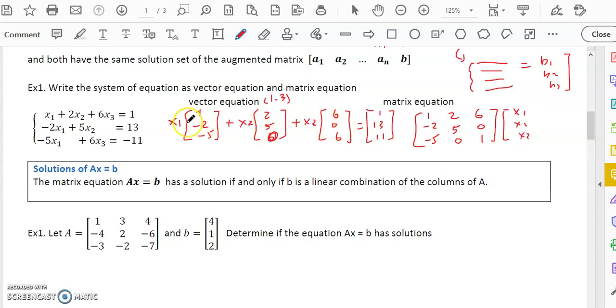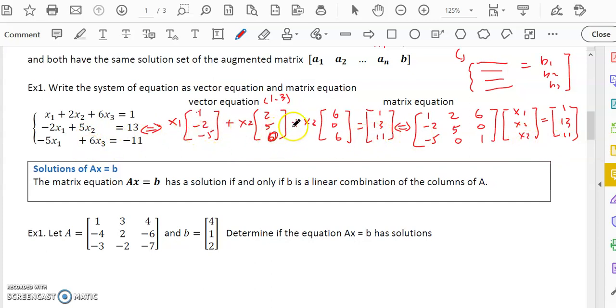Because these are the weights, is equal to 1, 13, 11. So all these 3 are exactly the same. They are the same thing. And if they're the same thing, that means the way to solve them, to solve this unknown. So in this case, x1, x2, x3 are the unknowns.